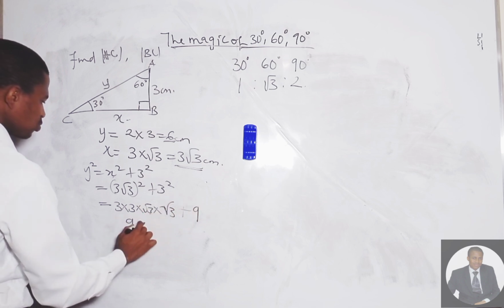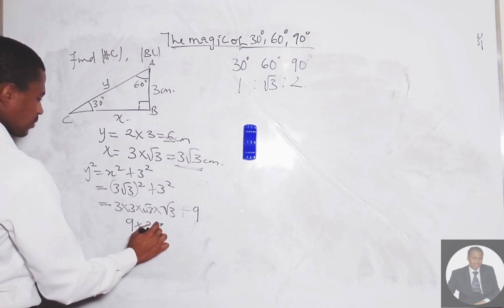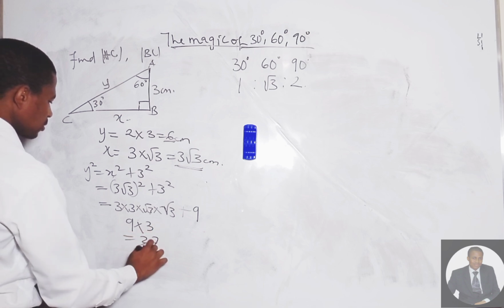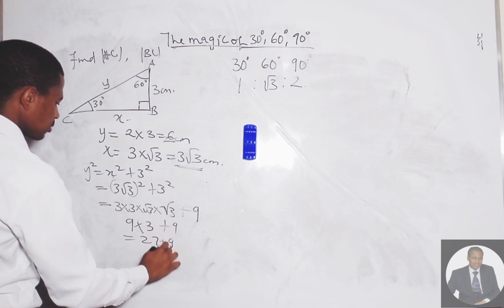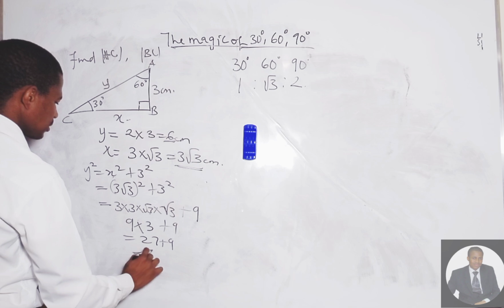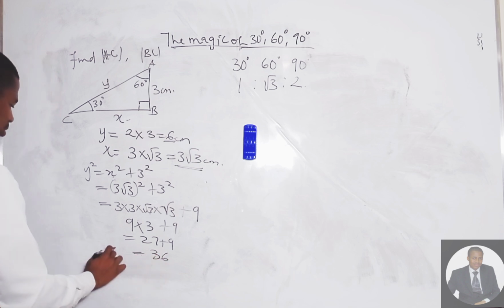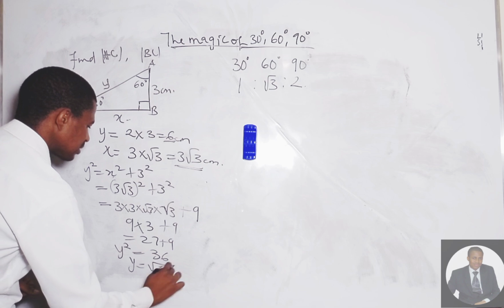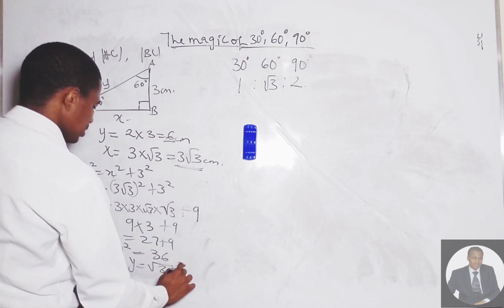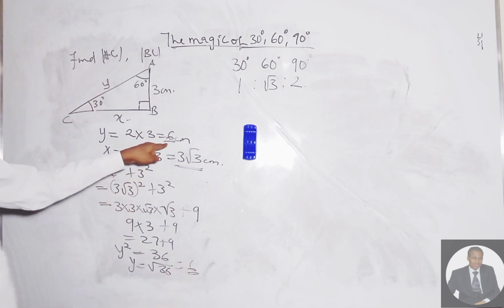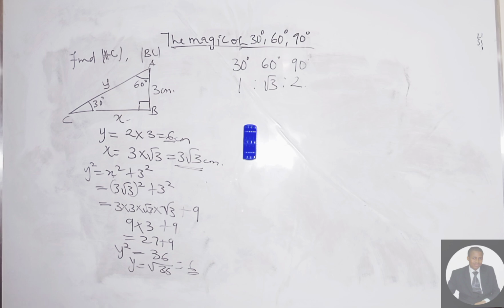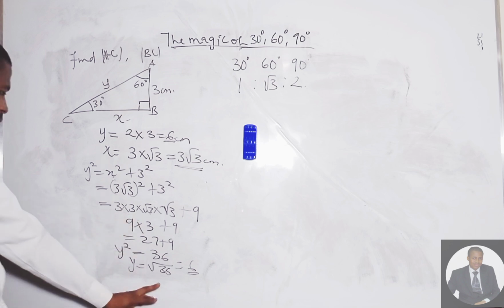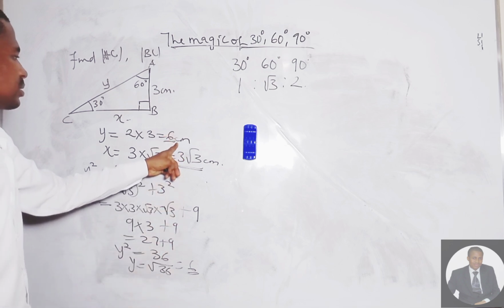Times root 3 times root 3 is 3. That's 27 plus 9. That will give us 36. So y squared is 36. Why? Because the square root of 36 is 6. Here we are. The square root of 36 is 6, and this is it.